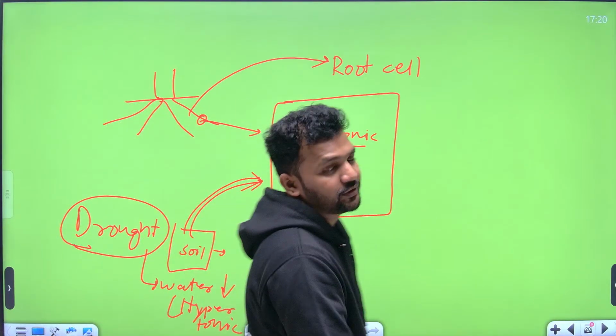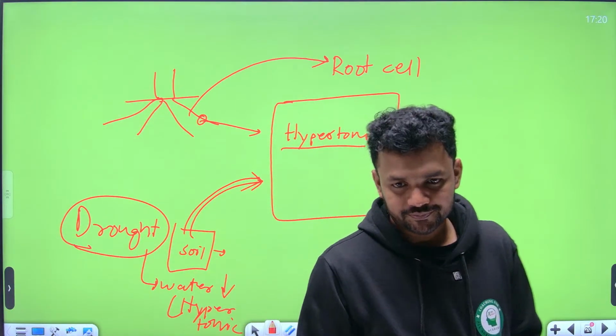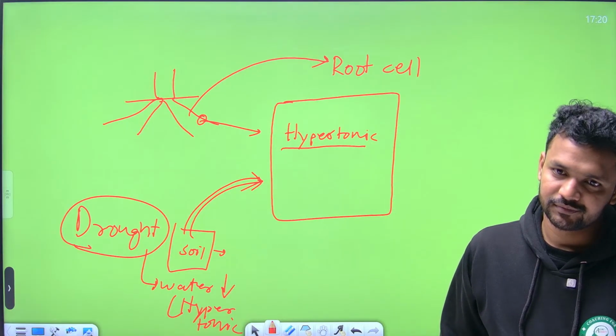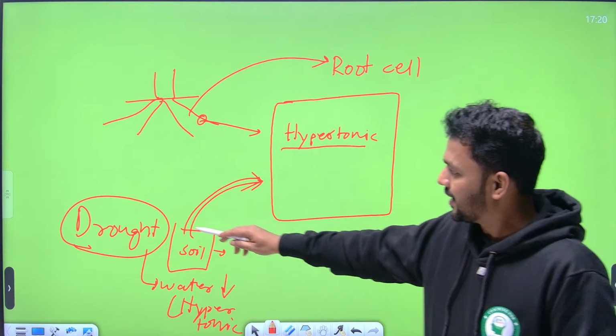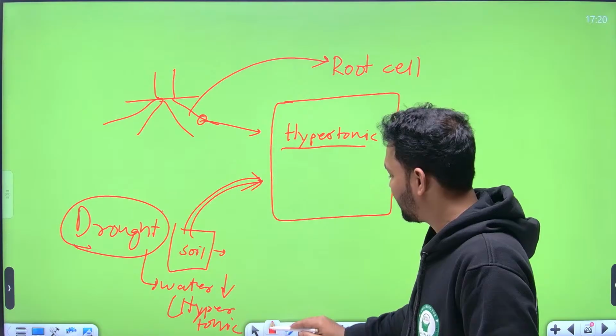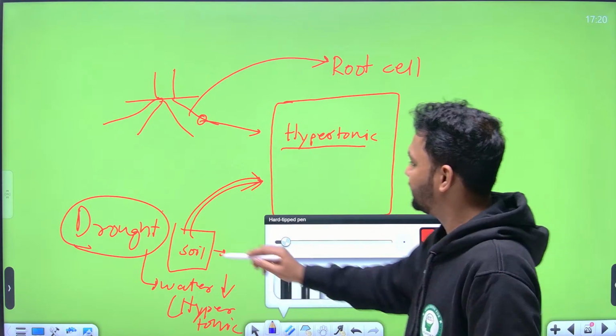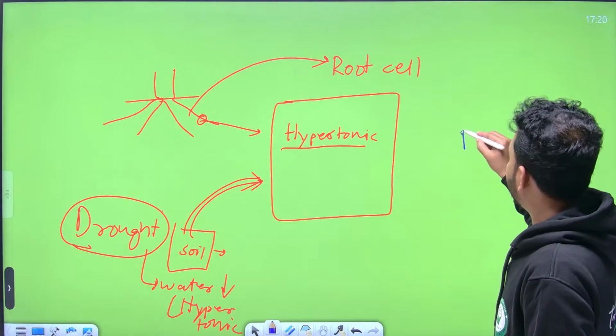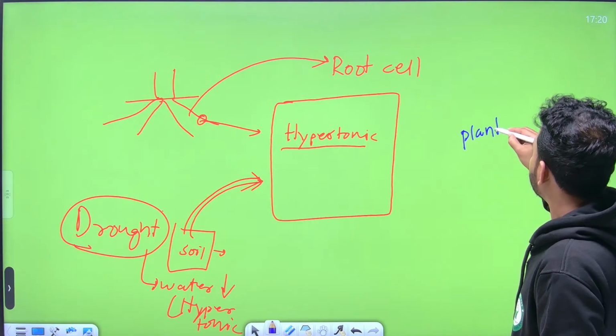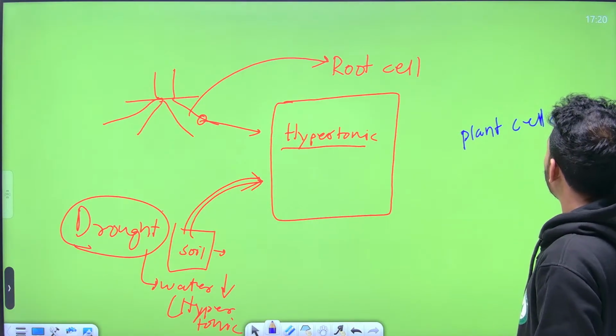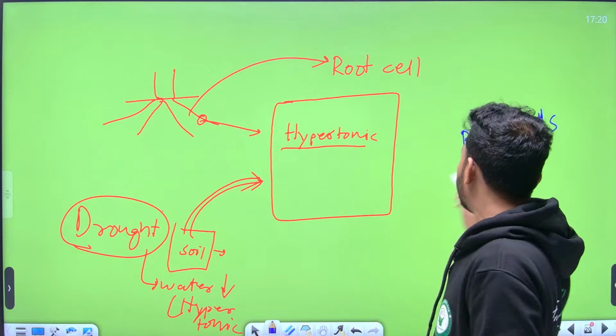So how will the root cell absorb water? In drought conditions, there is one mechanism that occurs inside the plant. What is the mechanism? Plant cells will produce certain molecules like proline.